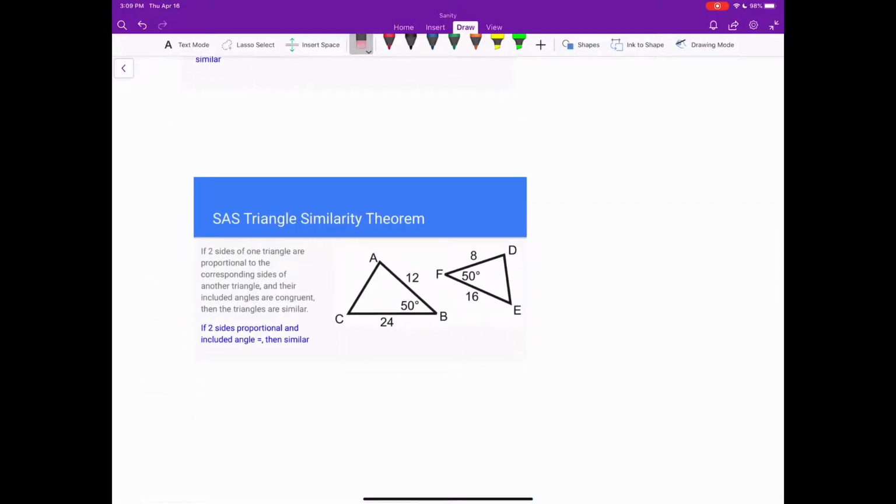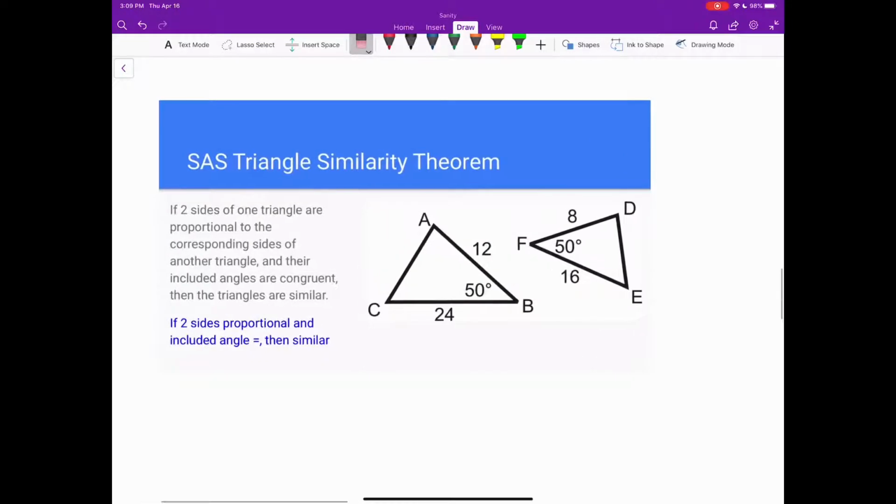Side, angle, side. Here we go. So here, if you have two sides of one triangle being proportional, I'm going to look at these and say I've got this AB and this FD. Those two are proportional sides. And then I also have this 24 and this 16.